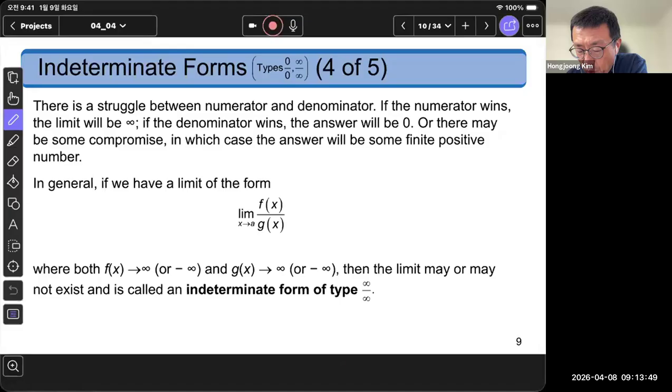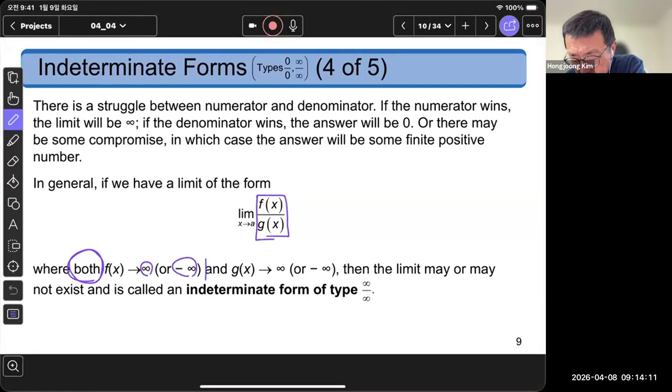When a similar function is given, as x approaches a, if the numerator f(x) diverges to infinity or negative infinity, and the denominator g(x) diverges to infinity or negative infinity, the sign doesn't matter.